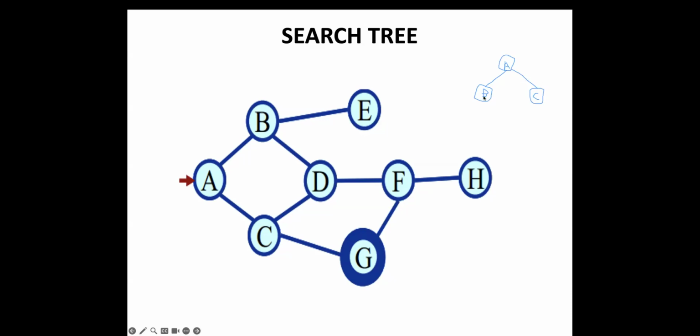Then we go to B, we check, is B the goal? No. So we now look at who are the children of B. When I say the children of B, we are saying when we are in a particular state, where else can we go? So from B, we can go to A, D, and E. Now, one thing that we try to avoid is having to go back to the parent, where the parent is a child of their child node.